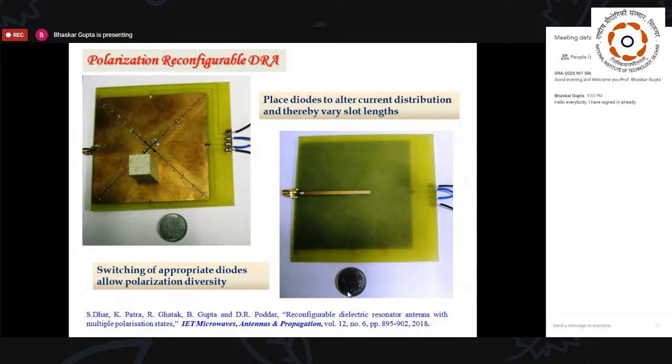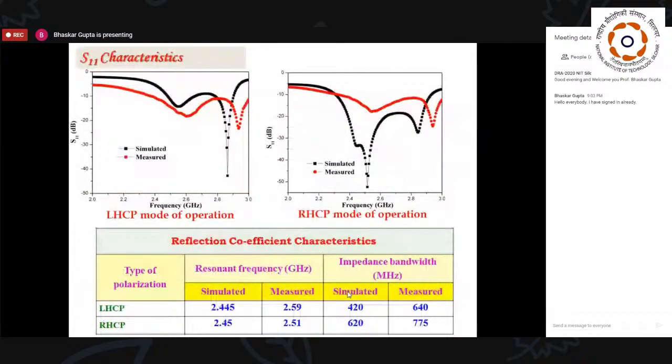We have a direct diode which, by virtue of an externally applied bias voltage, would short that particular arm so that the length of the arm can be changed. And this is the key to introduce polarization reconfigurability. With shorting and thereby reducing the length of one arm a little, we can generate LHCP. By applying a similar process on the other arm, we can rather generate RHCP.